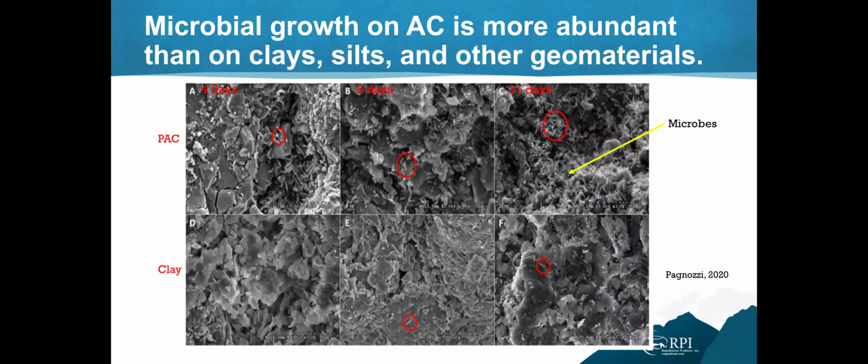Why? Because your microbial community is not made of just biodegraders. It's made of other microbes that support biodegradation. They may be producing fatty acids relative to fermentation. They may be producing some of the vitamins that we mentioned earlier.